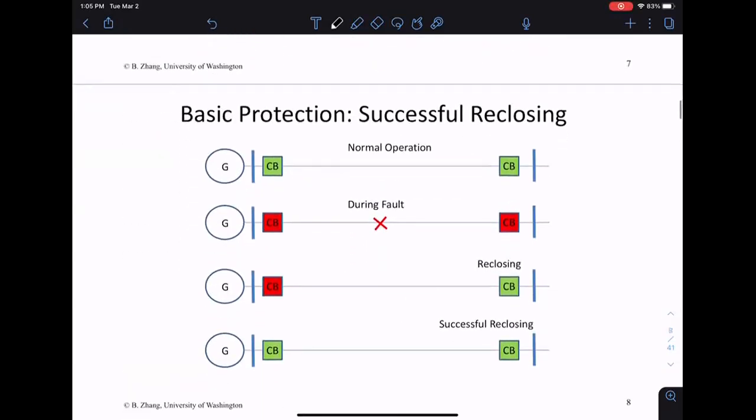Otherwise, if there's a fault, both breakers open, but then the fault may clear. The standard example for this is a lightning strike on the line. This happens a lot more often than you may think, because there are just so many lines. So it's not atypical for some line to have a short fault, either a lightning strike or something getting shorted very quickly.